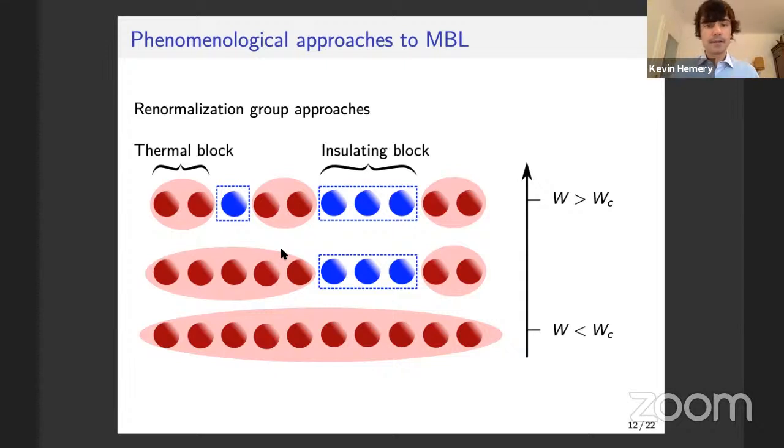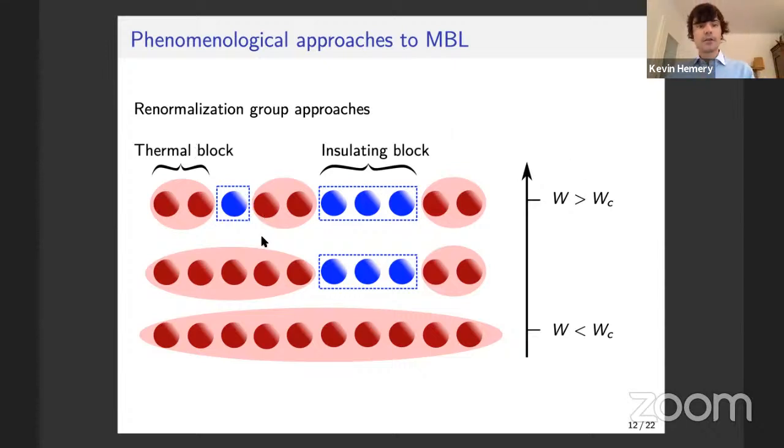They are postulating that even in the MBL phase, there is a coexistence of regions of space which are localized, which they call insulating blocks. But there are also maybe rare regions, at least deep in the MBL phase, which locally look thermal, and they are called thermal blocks.